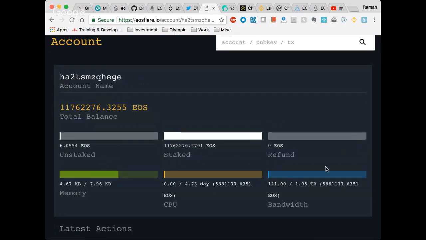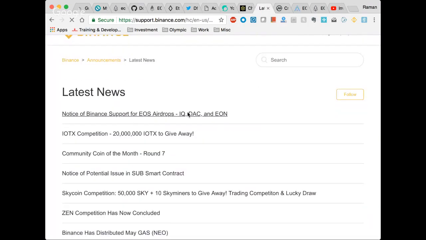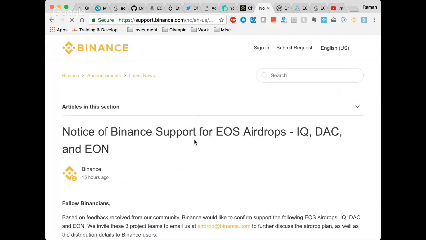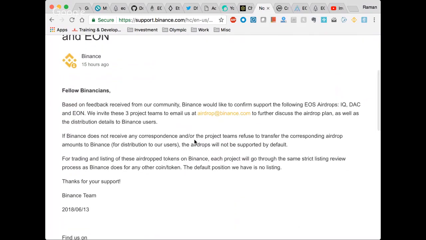Again, a quick note on exchanges. Binance has started giving some updates that they are going to support airdrops, but there is no clarity on what snapshot date will be chosen. I'm assuming the snapshot date will be the same, so if you're buying now and they are not going to give you airdrops, this is how most people are still confused.